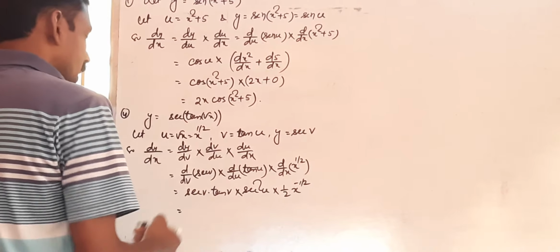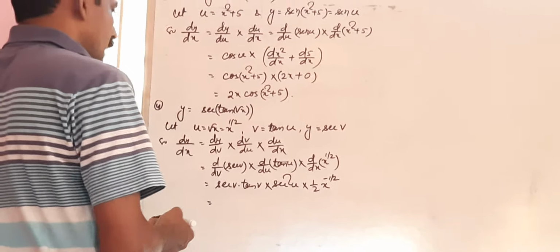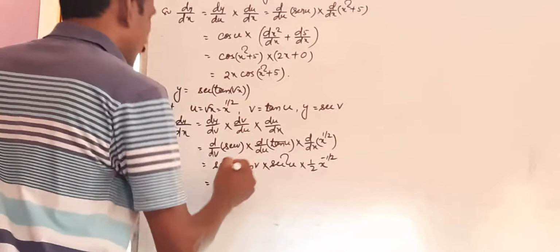So this is sec v. Now v is tan u, and u is x to the power 1 by 2.